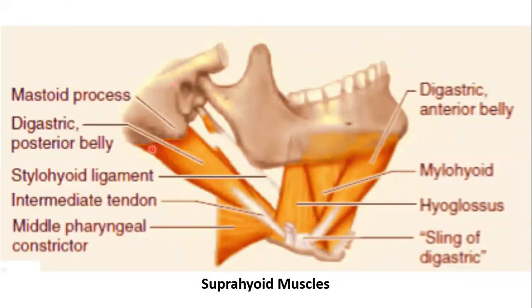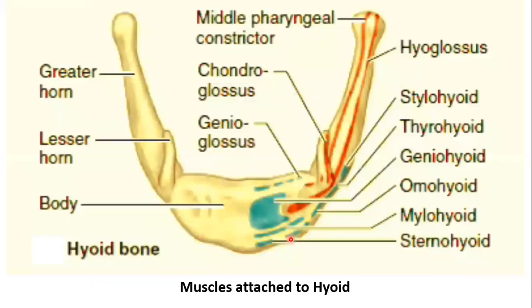You can see a little bit more clearly from this lateral view, this is the digastric posterior belly coming from the mastoid notch of the temporal bone. And this again is the anterior belly, which comes from the digastric fossa of the mandible. They have an intermediate tendon, and this is attached to the body and the greater horn of the hyoid bone.